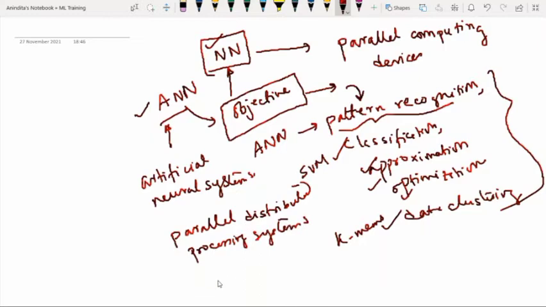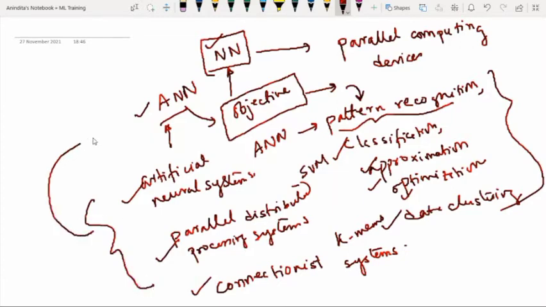And there is another name, which is a little bit unconventional: connectionist system. So whenever you find these three names, all these concepts represent the concept of artificial neural network. These are the names that we can use alternatively in place of ANN. So this is the basic thing about ANN.